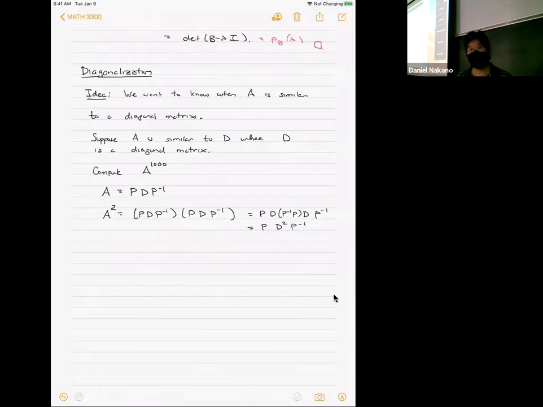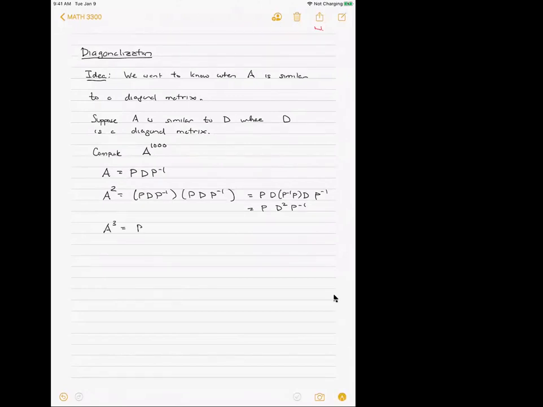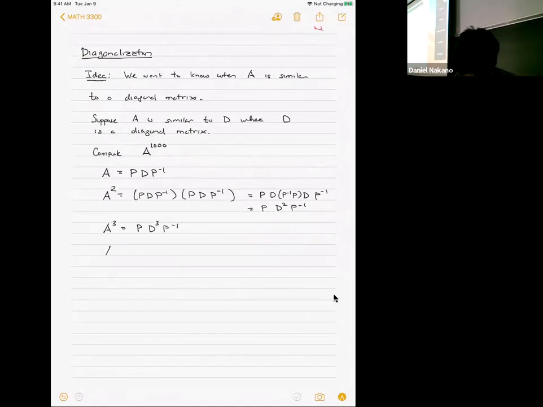Now you just repeat the argument. So what's A cubed going to be? P D cubed P inverse. Good. Then A to the 1000 is equal to P D to the 1000 P inverse.